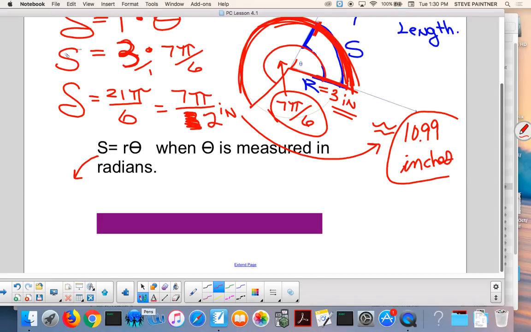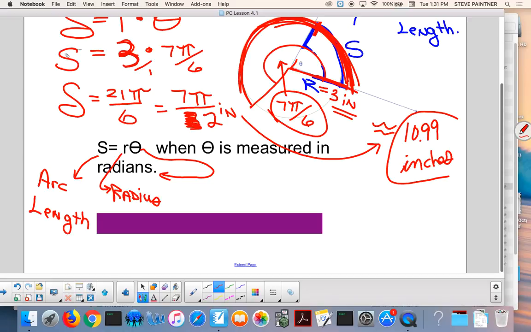The arc length. What did R stand for? Radius. What does theta have to be measured in? Radians. It says right here, where theta is measured in radians.